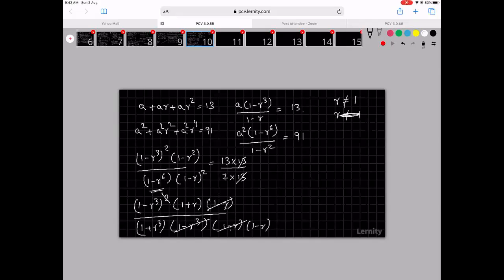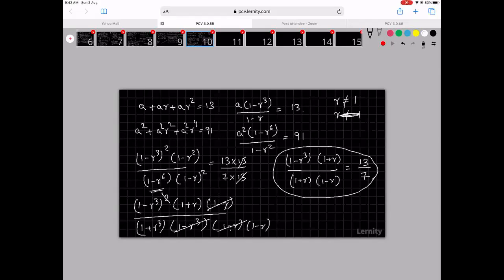Okay, so if R is not equal to 1, I can write this. So if I rewrite this, I'll get 1 minus R cubed into 1 plus R by 1 plus R cubed into 1 minus R is equal to 13 by 7. Please reach here. After this, I will tell you.